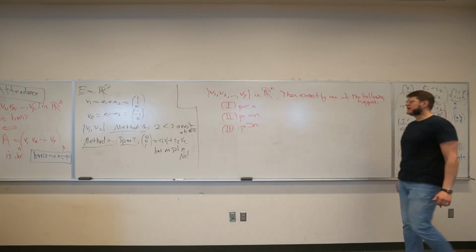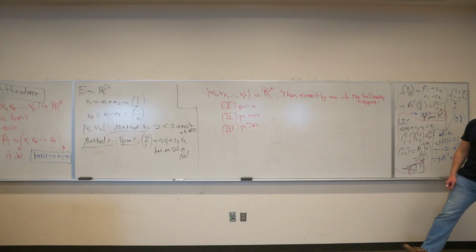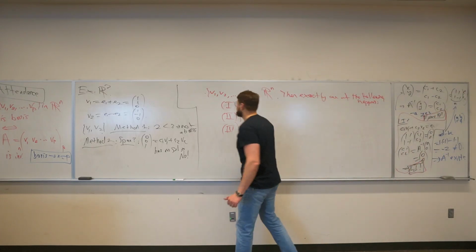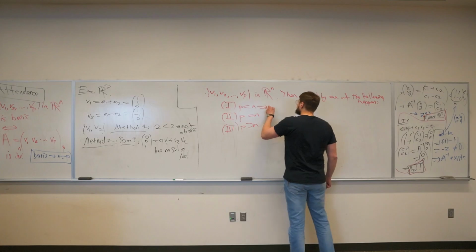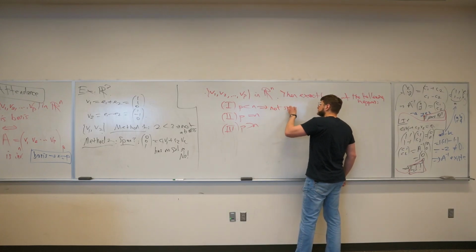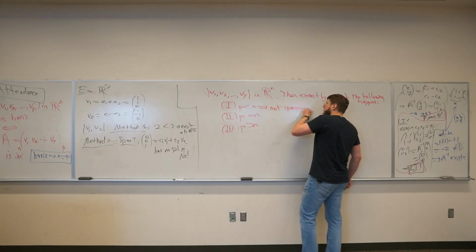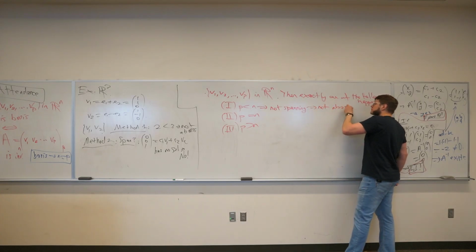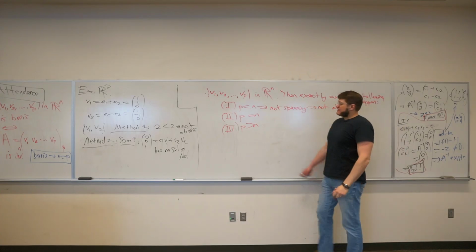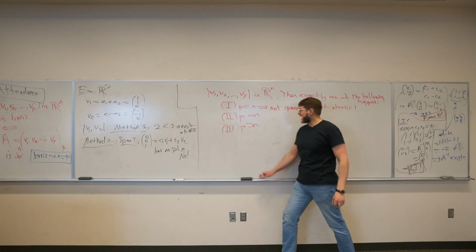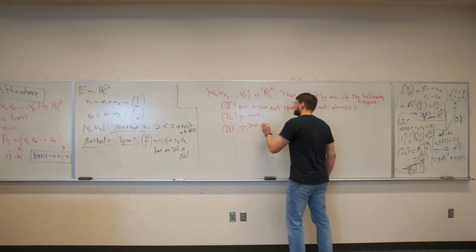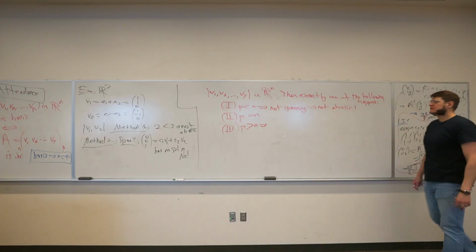Okay? In the first case, you don't have sufficient vectors. This set is going to fail for sure to be spanning Rn, which means it's not a basis. If p is more than n, then linear independence is going to fail.